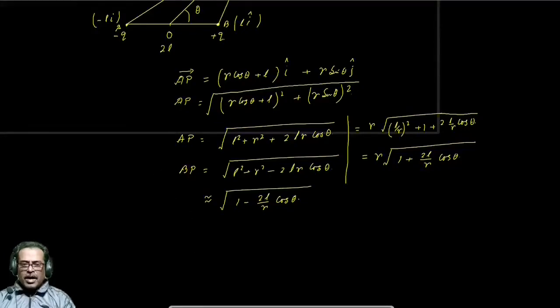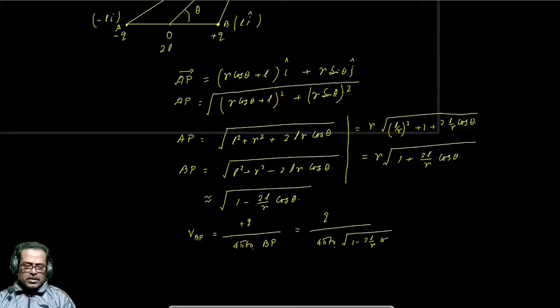Now, potential at point P due to plus Q charge is equal to VBP is equal to plus Q divided by 4 pi epsilon 0 into BP, which is Q by 4 pi epsilon 0 into 1 minus 2L by r cos theta to the power minus half.